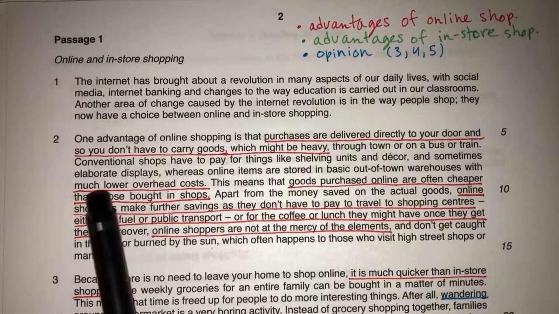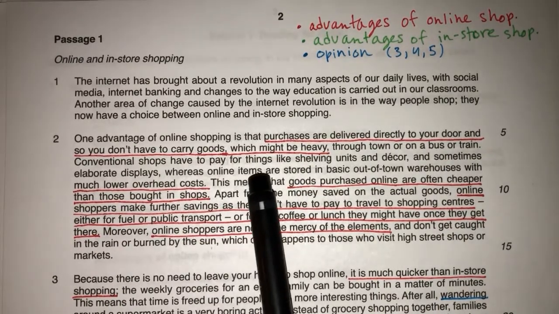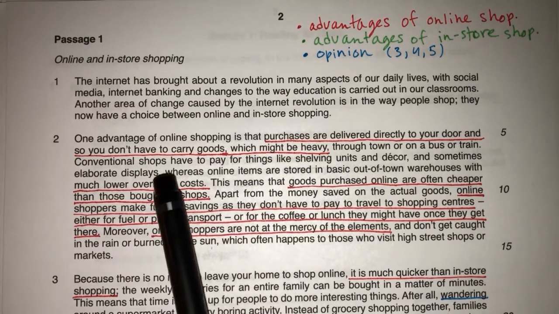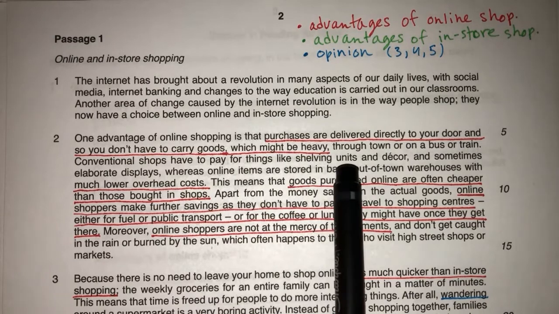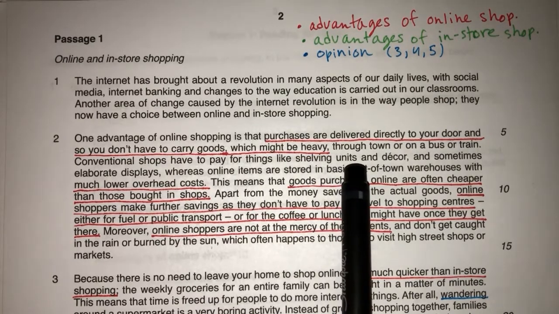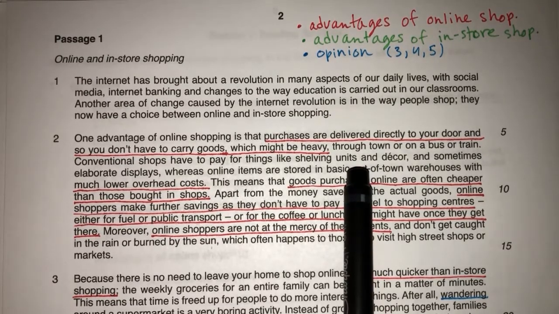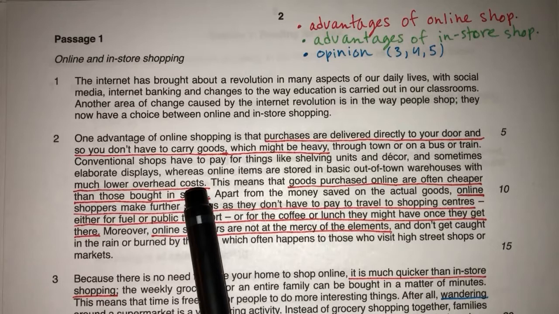So again, you see, I skipped all of this blah blah, which is essentially letting us know that when a store has an online shop, they don't have to pay for shelving units, they don't have to pay for decorations, the mannequins that you see in the store, all of that they don't need. They just need a warehouse where they store their goods. Hence, that means that there are much lower overhead costs.